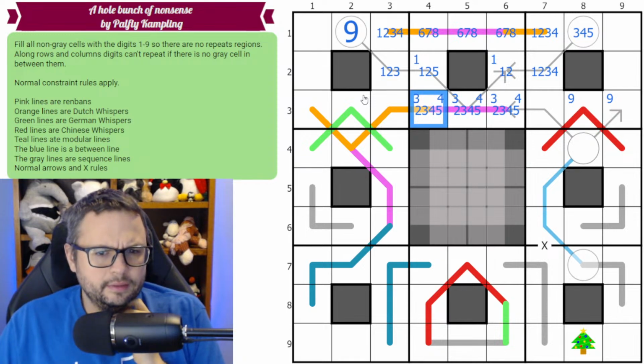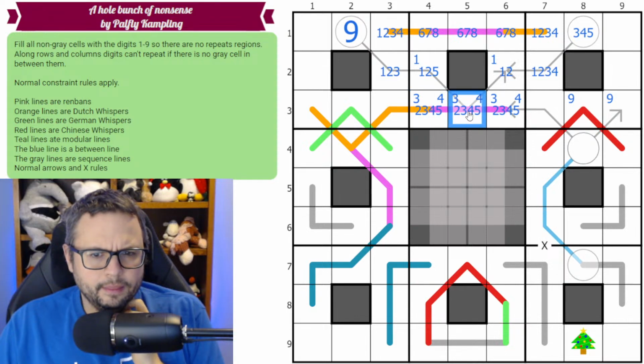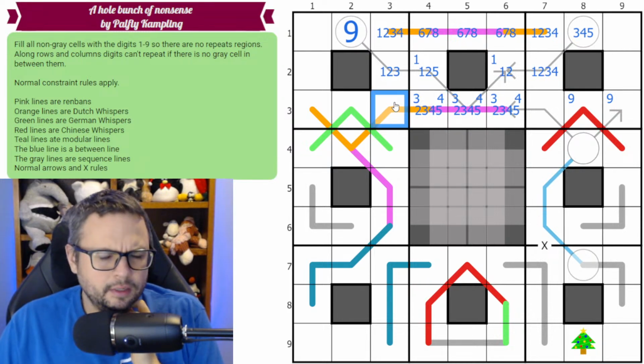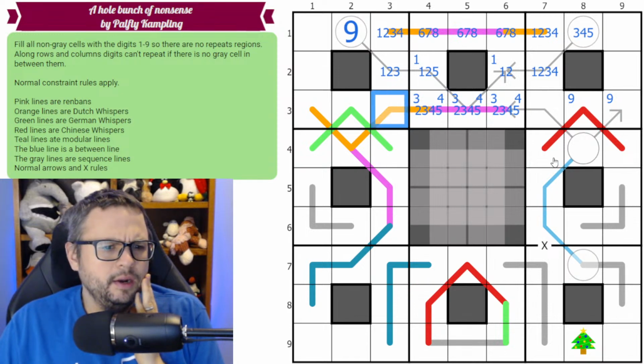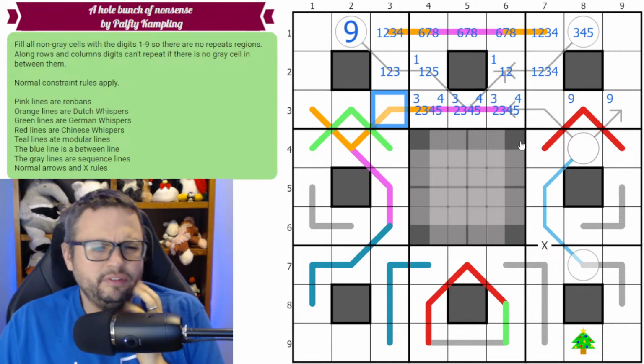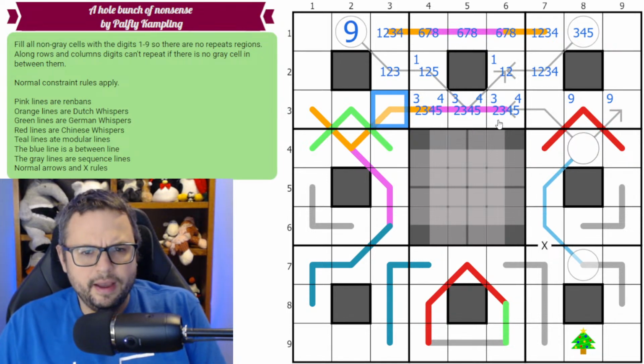Let's see. Can this be a 5? A 5 here would have to go next to a 1 there. Is there something wrong with this going 5, 1? I don't see what's immediately wrong with this being 5-1.